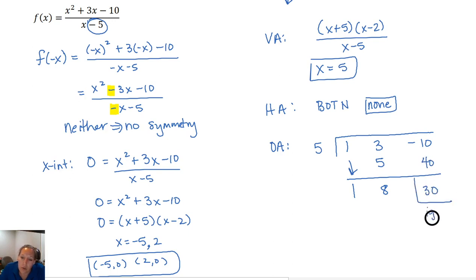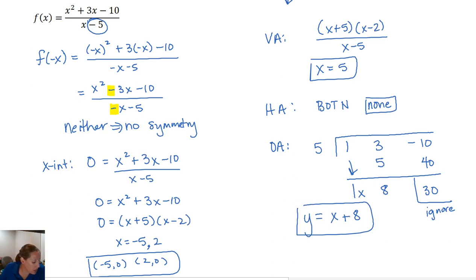We are going to ignore our remainder, and what's left, 8 is our constant, 1 is our coefficient of x. So our oblique asymptote is y equals that quotient, x plus 8.